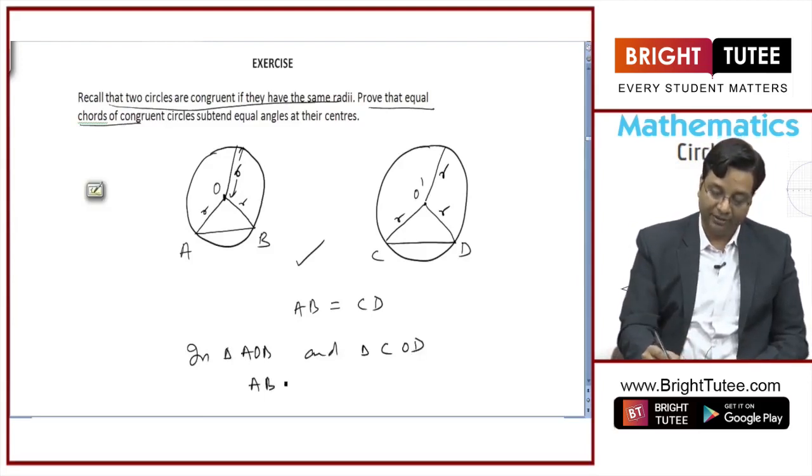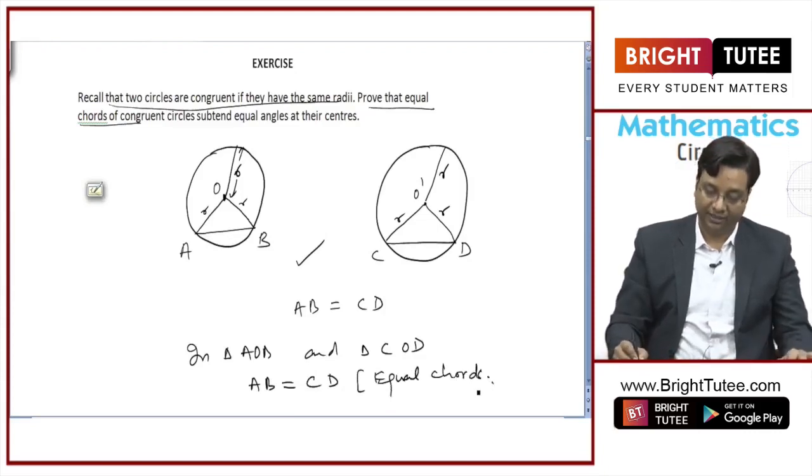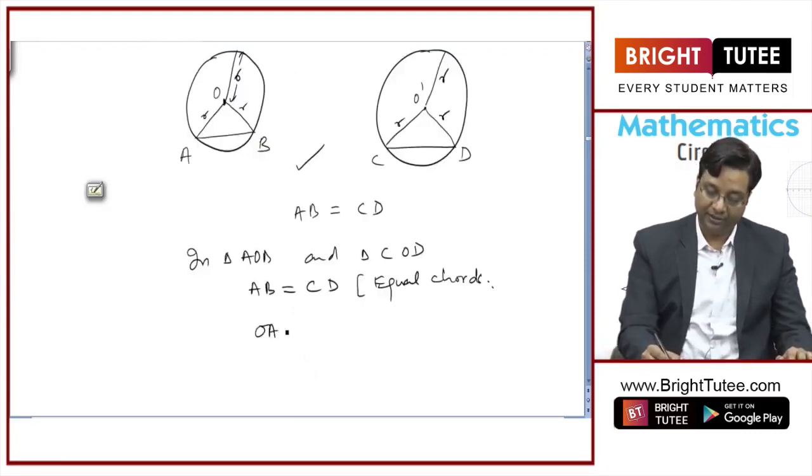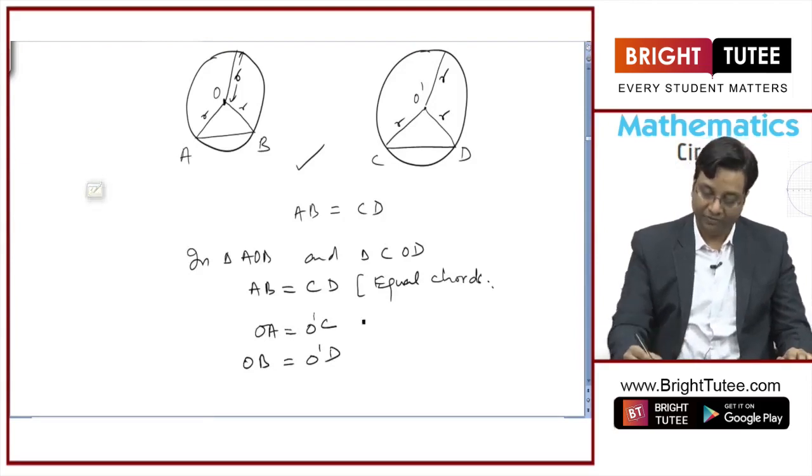AB is equal to CD, equal chords, right? OA is equal to O dash C, OB is equal to O dash D. Why?